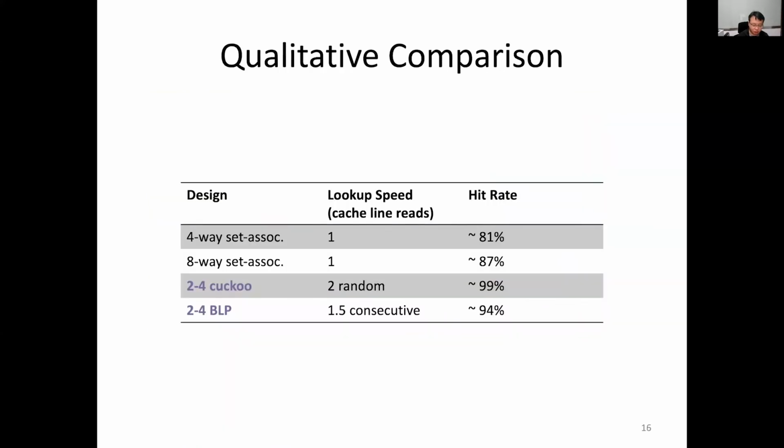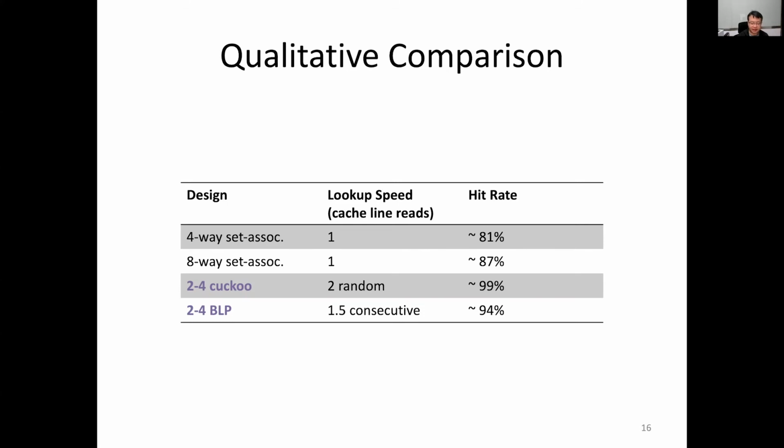Now, comparing the 2,4-BLP against the 2,4-cuckoo, what we can notice is that 2,4-BLP replaced the 2 random cache line reads that are required by 2,4-cuckoo with 1.5 consecutive cache line reads at a cost of about 5% cache hit rate. So this is an interesting trade-off, because it sacrificed the cache hit rate a little bit, but on the other hand, it improved the lookup latency.